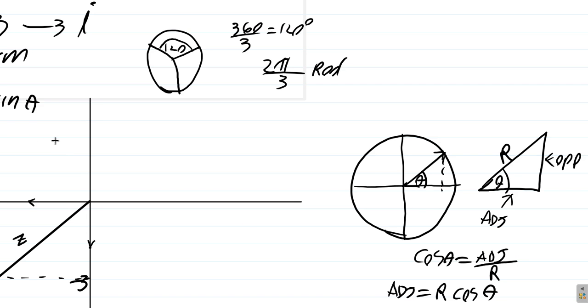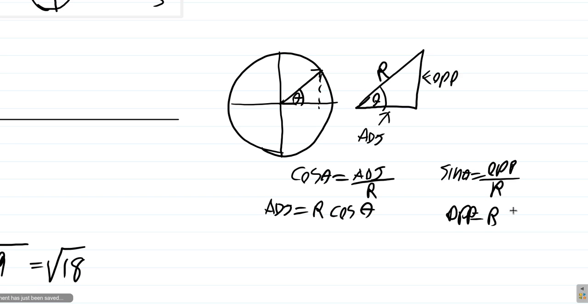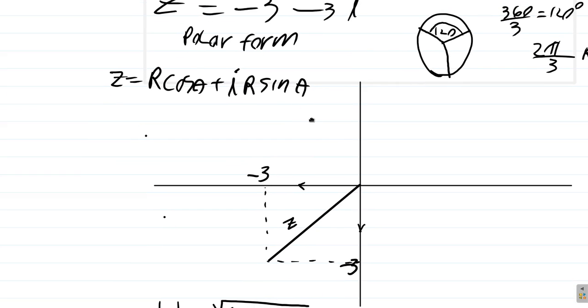And sin theta is the opposite over the hypotenuse r, so the opposite would be r times sin theta. So when you say x plus i y, you're saying adjacent plus i opposite, r cos theta plus i r sin theta. That's where the polar form of the complex number comes from.